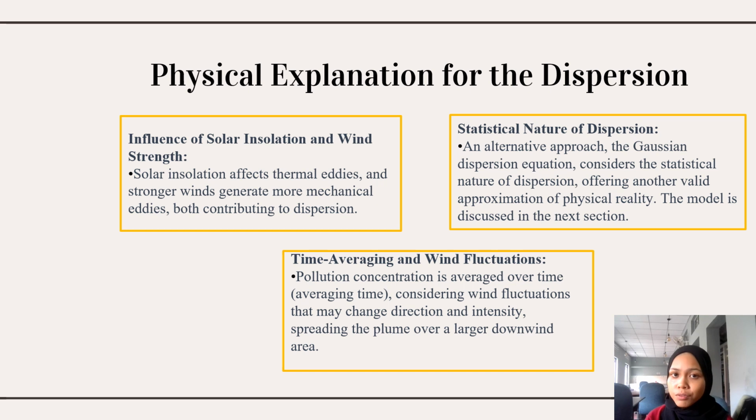Consider that the wind fluctuates and can change direction and intensity, which leads to a larger downwind area. And last but not least, the Gaussian dispersion equation considers the statistical nature of dispersion, and the model we will discuss in the next slides.